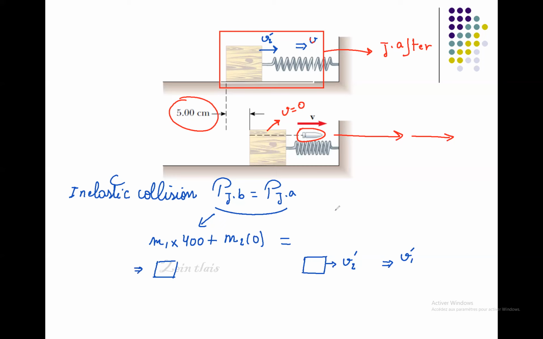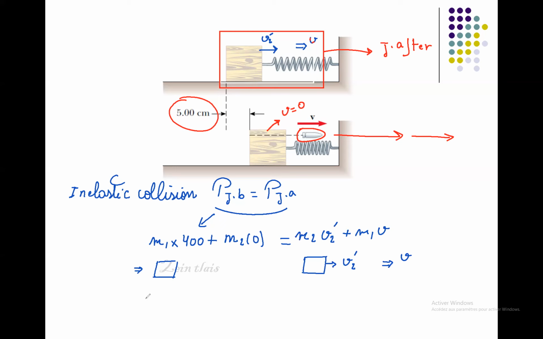Let's keep it only V. So finally we have M2 V2 prime plus M1 times V. I need to calculate the value of V.